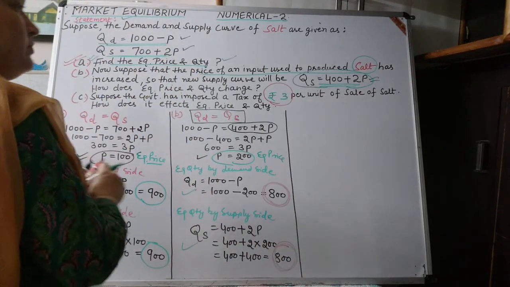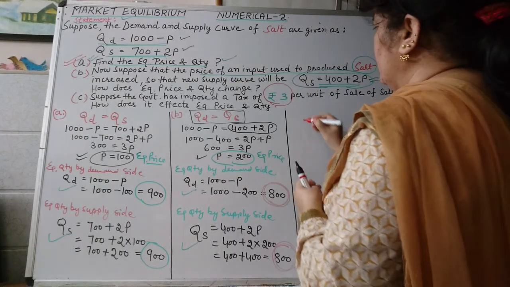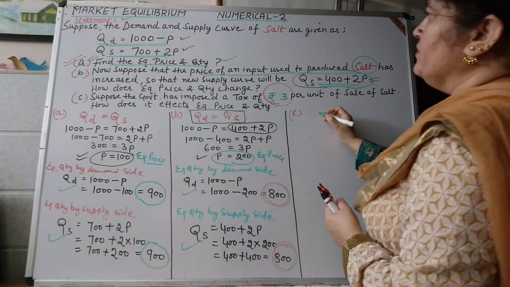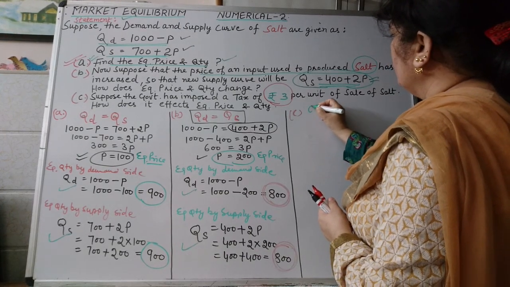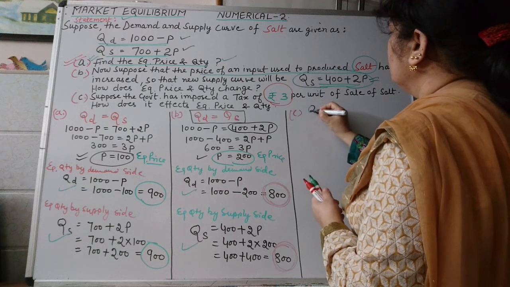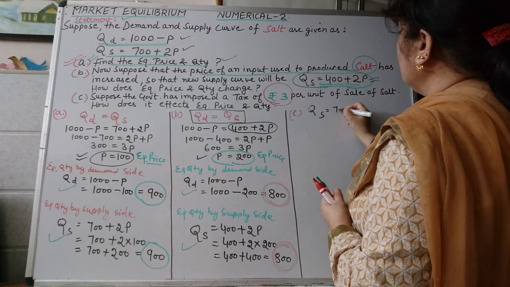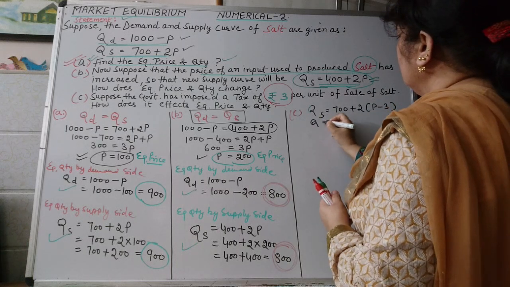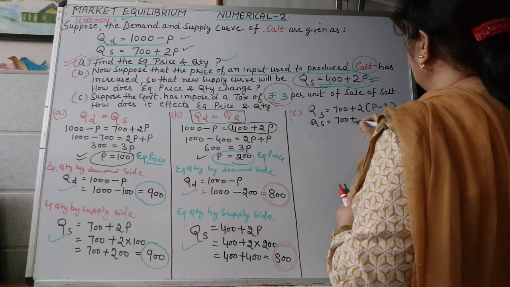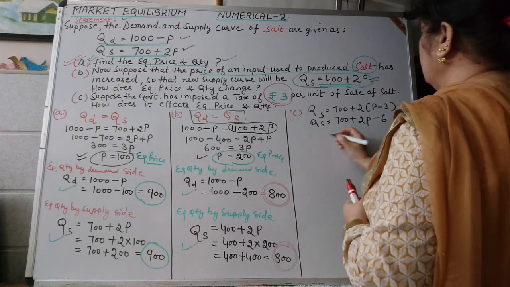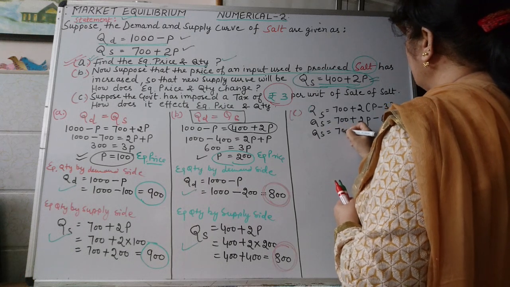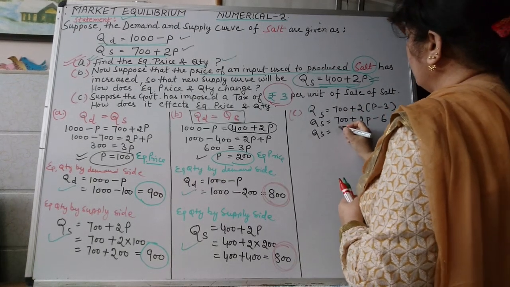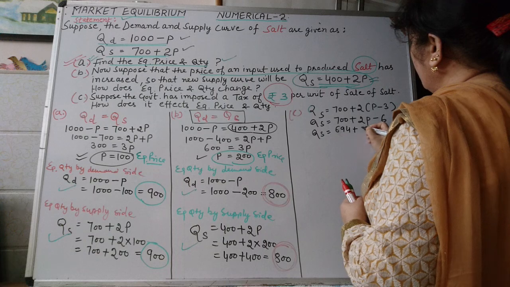Next aspect, the third, we have to solve that suppose the government has imposed a tax of rupees 3, then QS is equal to 700 plus 2P minus 3, or QS is equal to 700 plus 2P minus 6, or QS is equal to, let us subtract 6 from 700, that is 694 plus 2P.